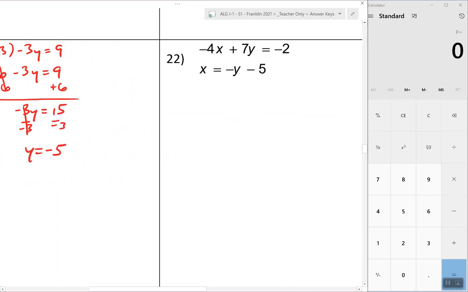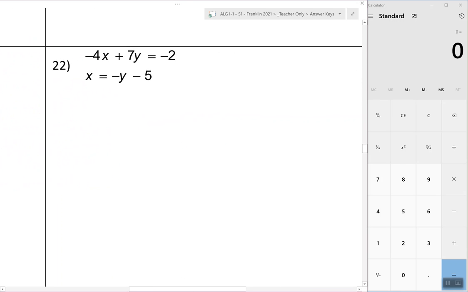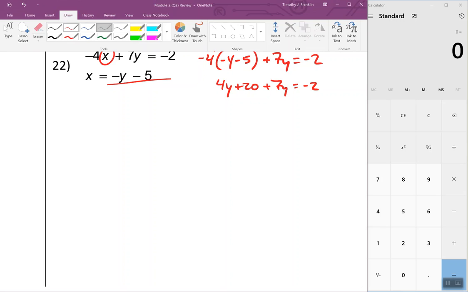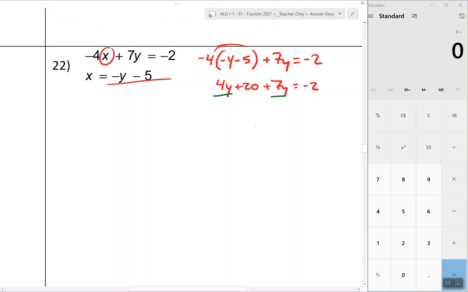Let's go on to 22. Already set up for substitution, x equals -y minus 5. We'll put that in right here. So -4 times -y minus 5 plus 7y equals -2. Distribute, we get 4y plus 20 plus 7y equals -2. Combine some like terms for 11y.